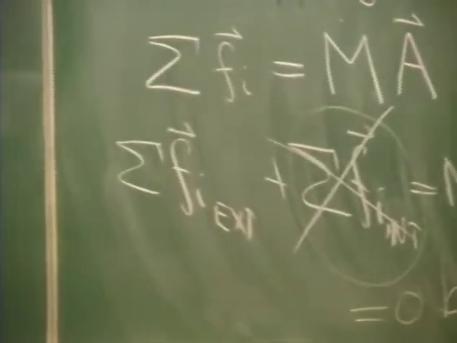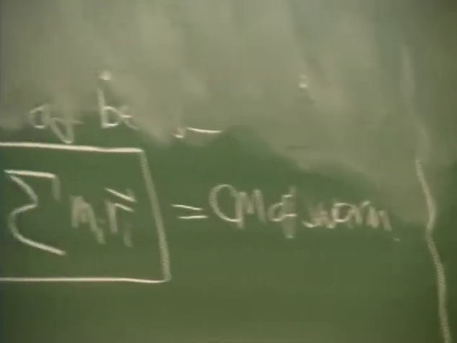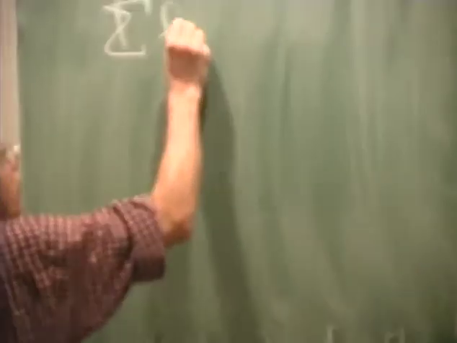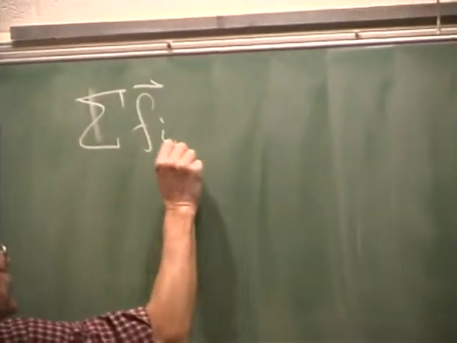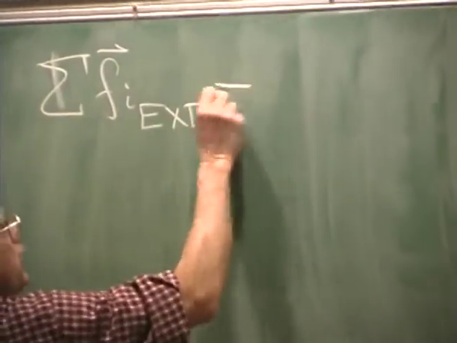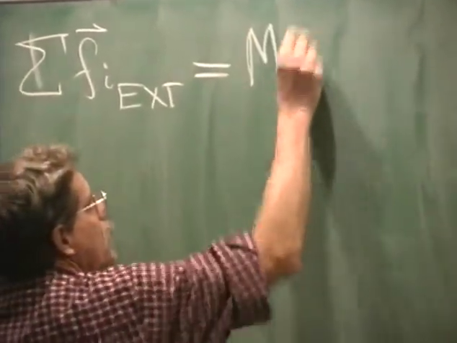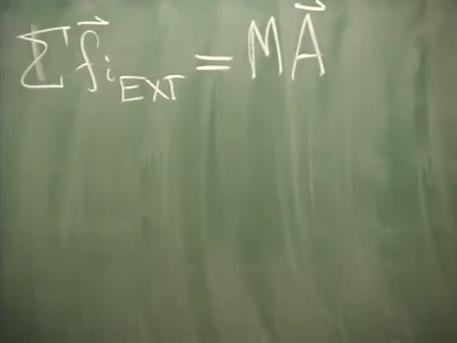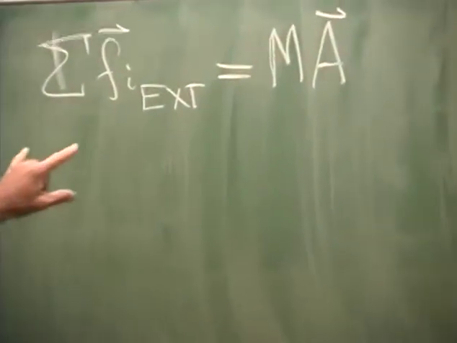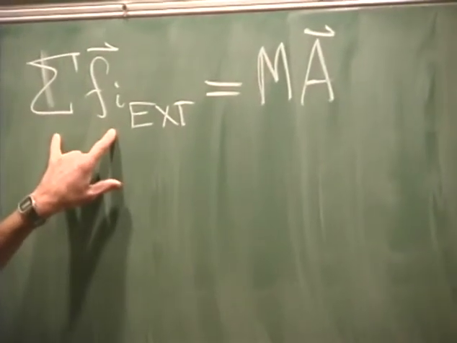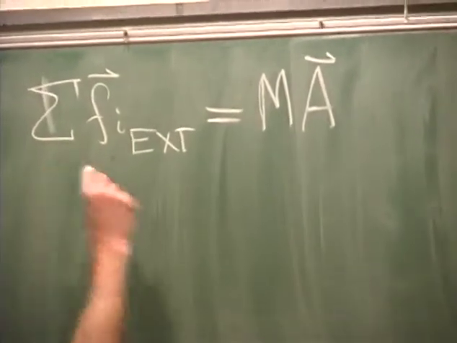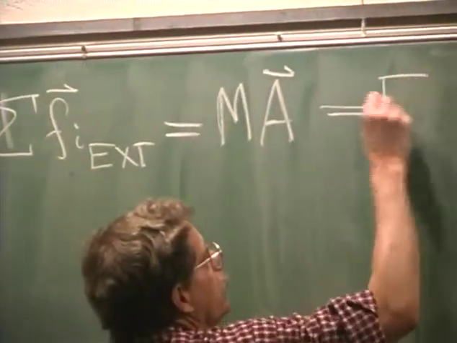I'm left with the fact that the sum of Fi now, not all of it, but just the external part, is equal to the total mass times the total acceleration. Or, if I care to write it this way, let's call this whole thing the total external force.